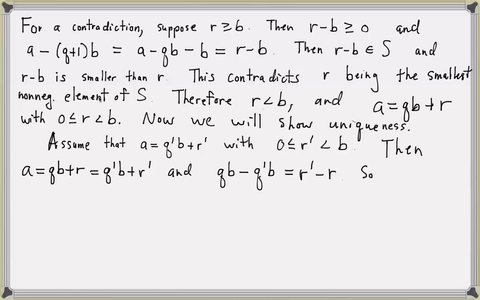So B times Q minus Q prime equals R prime minus R. Look at this expression. It looks like R prime minus R is an integer multiple of B. In other words, B divides R prime minus R.